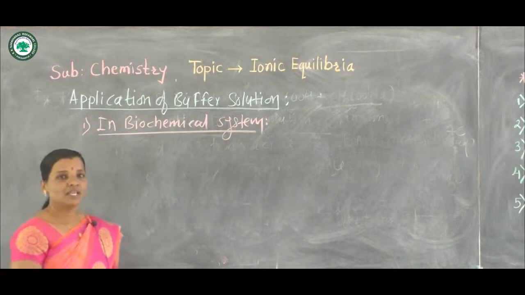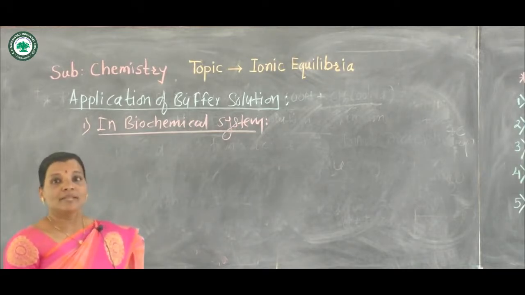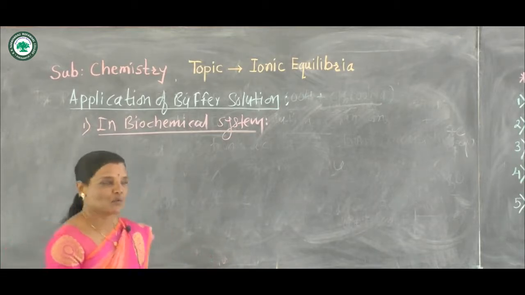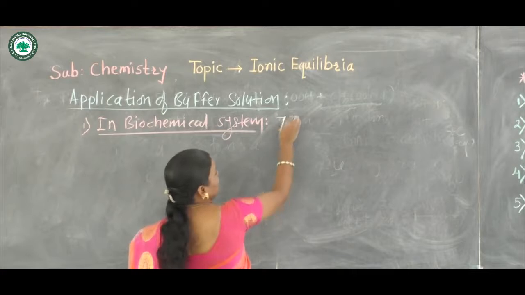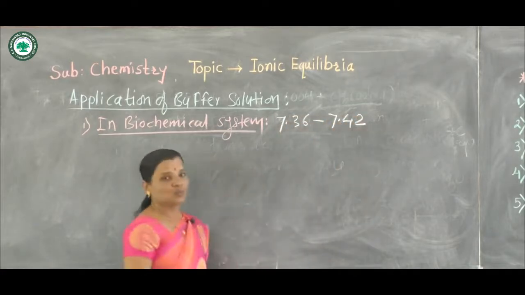First application, in biochemical system. Now pH of human blood varies from 7.36 to 7.42.